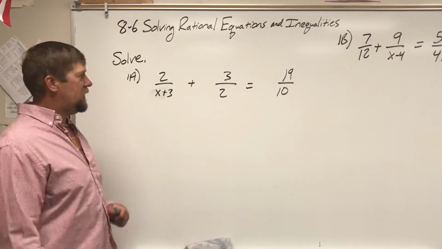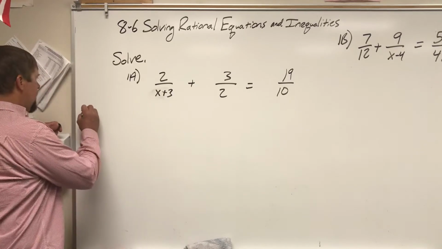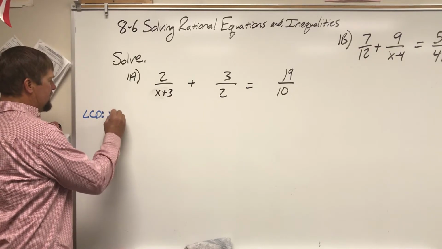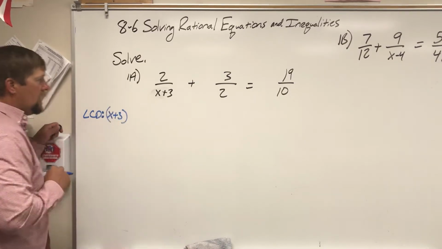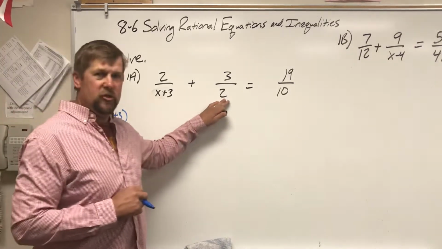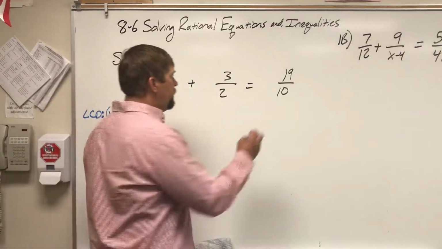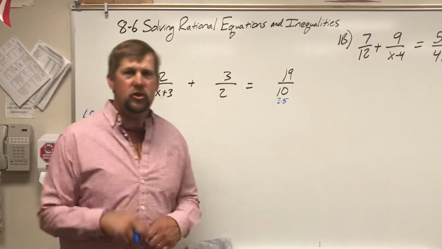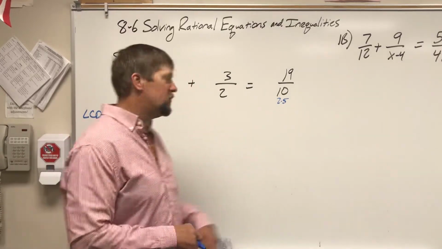You've got an x plus 3 factor, so the least common denominator has to have an x plus 3. It also has to have a 2. This one has a 2 and a 5, so not only does it have to have a 2, it has to have a 5 as well.